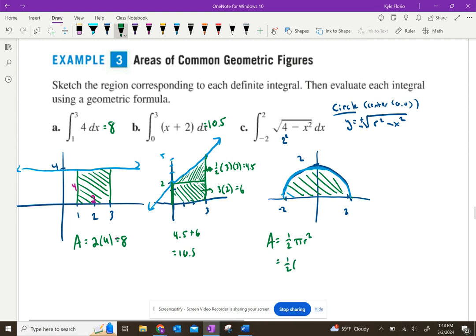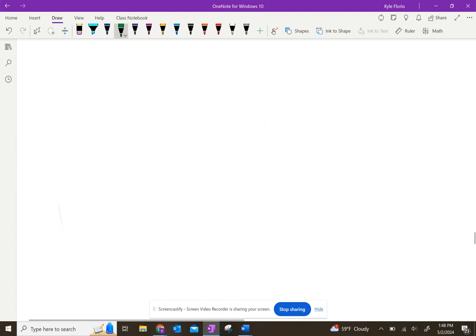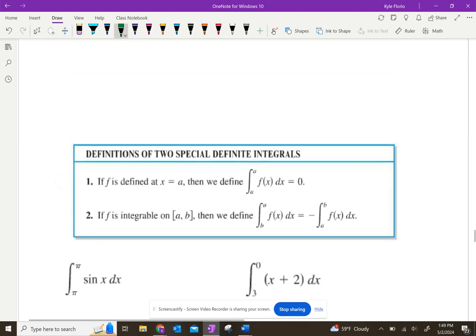And the radius is 2. So that's going to be half of 4 pi, which is 2 pi. So this is equal to 2 pi. And that's how we can evaluate some definite integrals without doing that long Riemann sum where we have a limit as n goes to infinity of an infinite sum of rectangles.